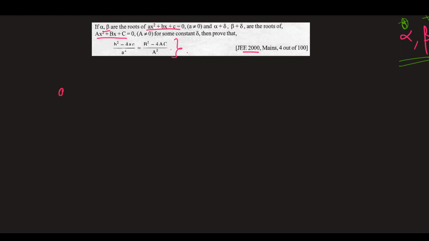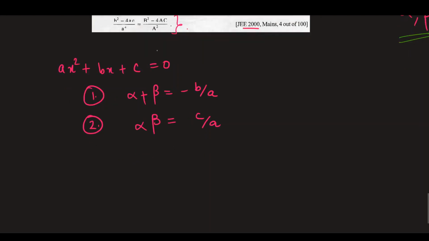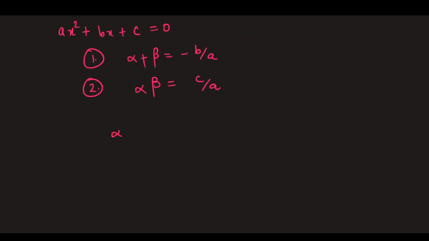Just look at this thing. If I say ax square plus bx plus c is equal to 0, we know some conditions: alpha plus beta is minus b upon a, and the second condition we know is alpha beta is equal to c by a. If I square the first thing, we get b square upon a square, that is alpha square plus beta square plus 2 alpha beta.